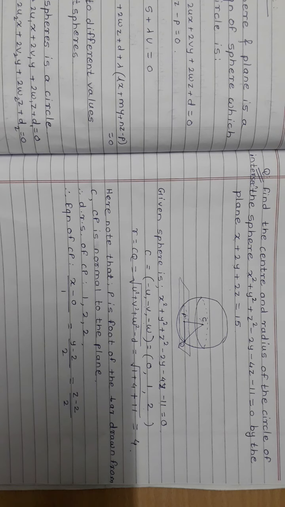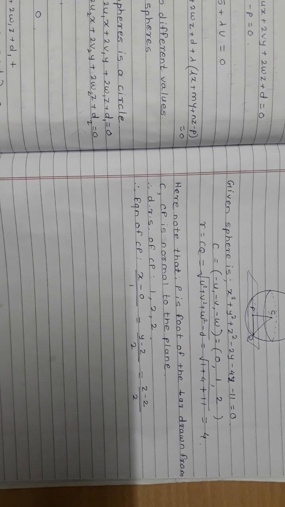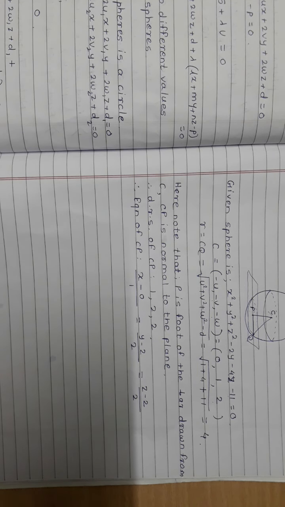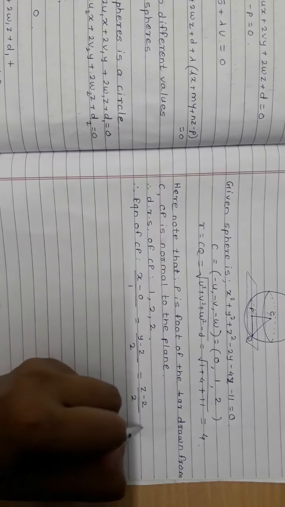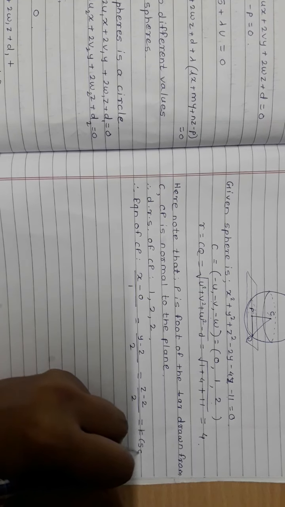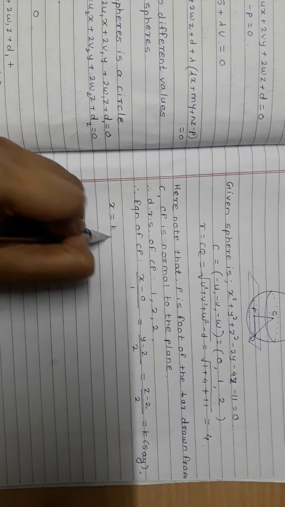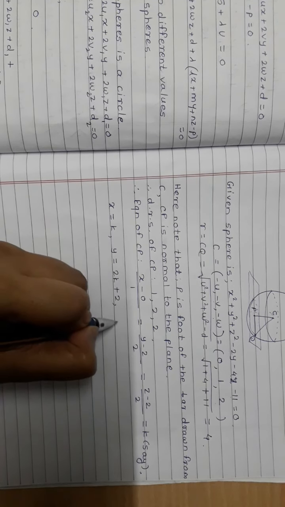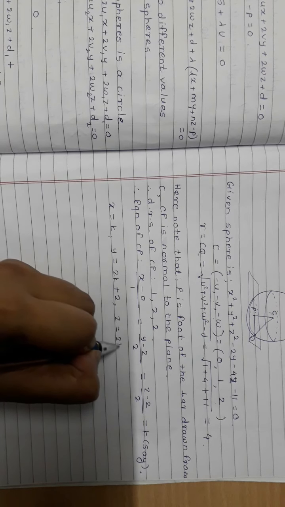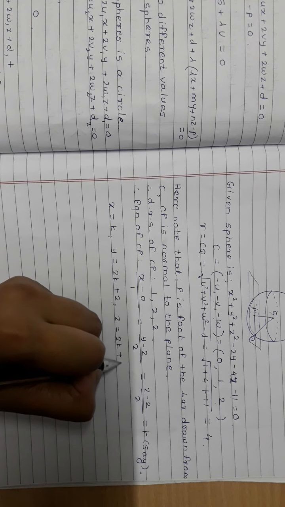Now why are we finding this equation? Because using this equation I can figure out the coordinates of any point which is lying on the line CP. So in particular I'll get the coordinates of P here, right? So I'll consider this equal to K. So X is K, Y is 2K plus 2, and Z is again 2K plus 2.